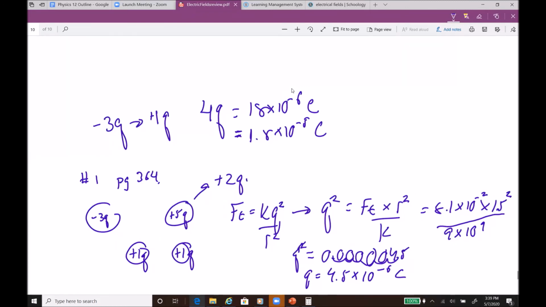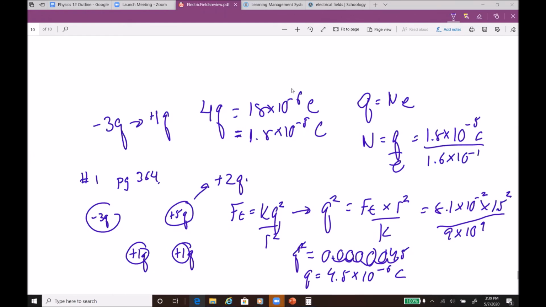So now we could work out the amount of electrons, because the charge is the number times the elementary charge. So N is Q over E, and the elementary charge is in coulombs per electron.